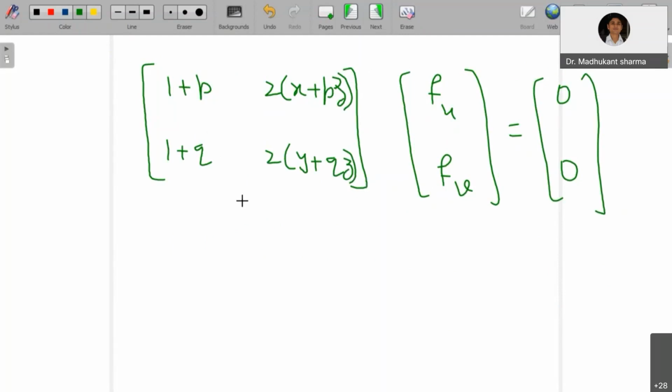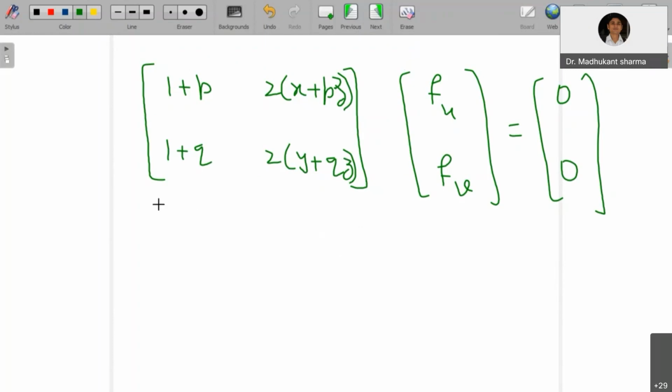Now we are interested in a non-trivial solution. For a non-trivial solution the determinant of this coefficient matrix should be 0, a singular matrix. If it's a non-singular matrix, invertible, and its inverse exists, you will get only the trivial solution.